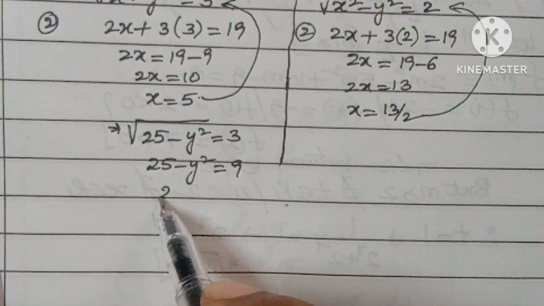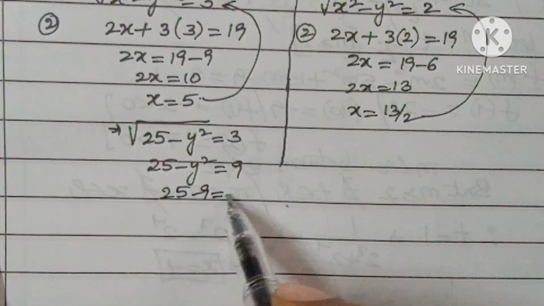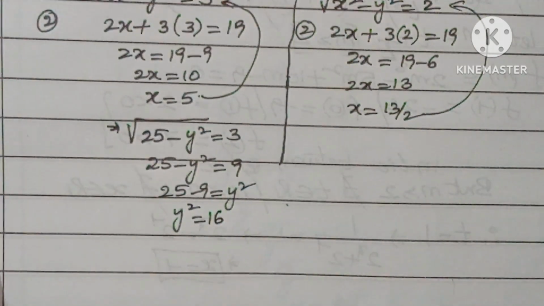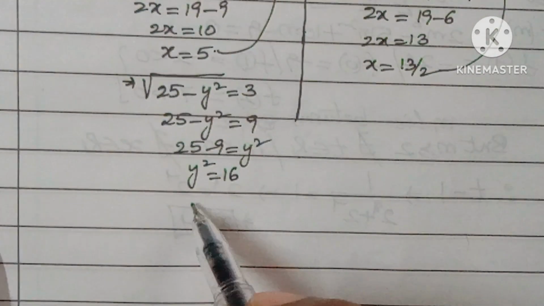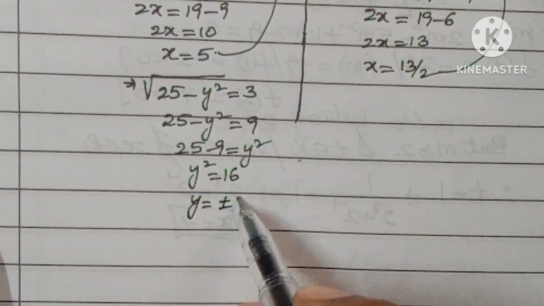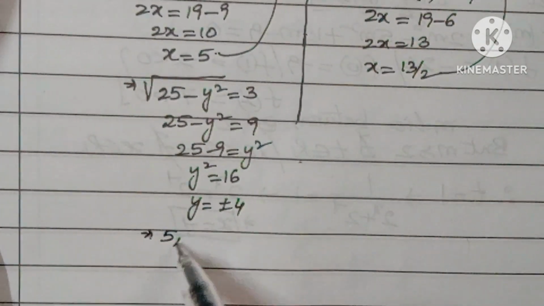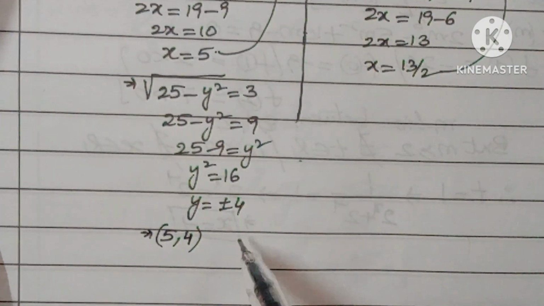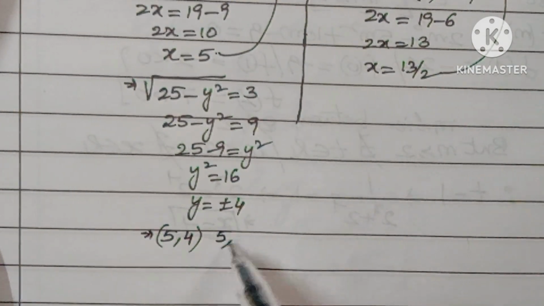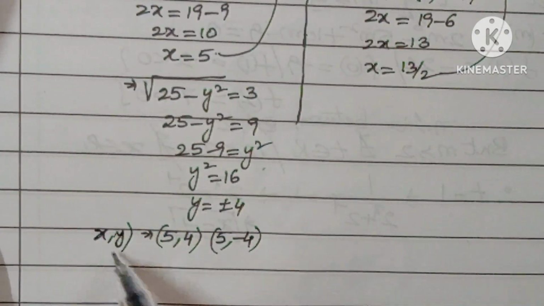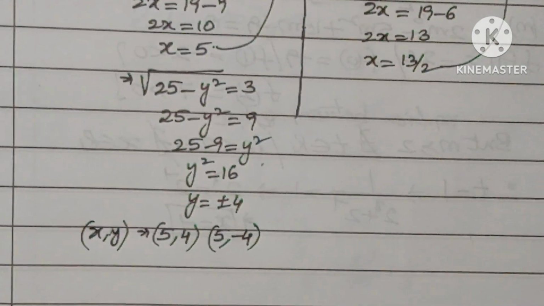So y square is 25 minus 9, y square is equal to 16. Y is equal to plus or minus 4. Now you are getting the values of x, y: 5 comma 4 and 5 comma minus 4. You are getting two values here.